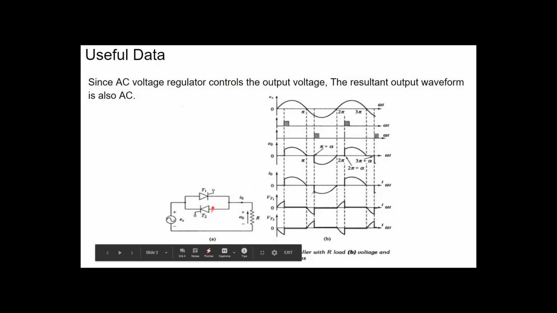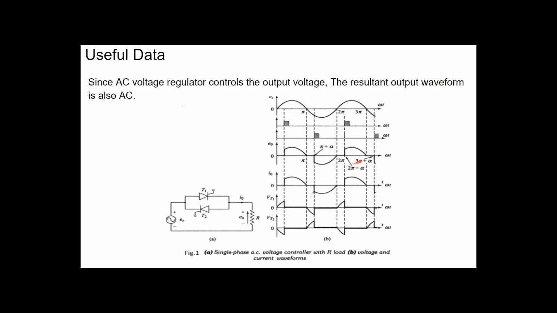Similarly, if we give a triggering pulse to the T2 thyristor in the negative cycle, it will also follow the source voltage.